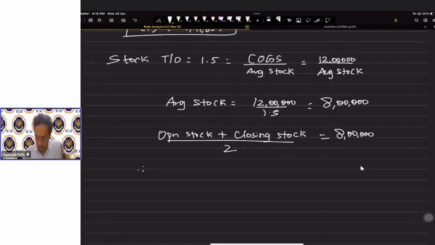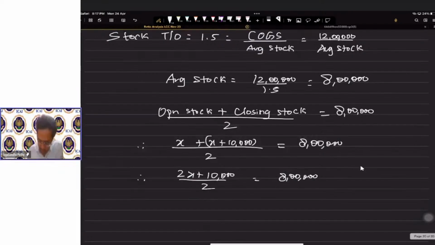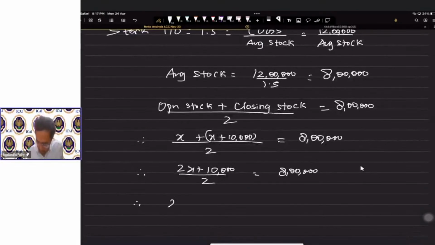Now if you take opening stock as X, then closing stock is X plus 10,000, because your closing stock is 10,000 above the opening stock. So this becomes 2X plus 10,000 by 2 is 8 lakh. Then we have 2X plus 10,000 is 16 lakhs.